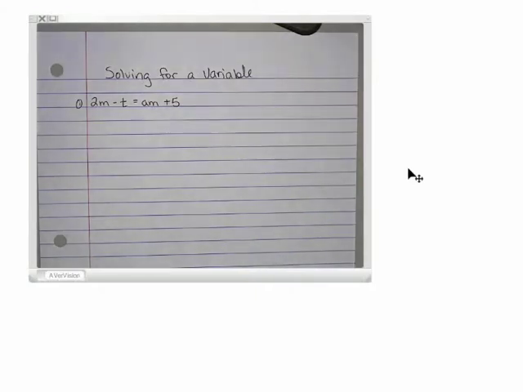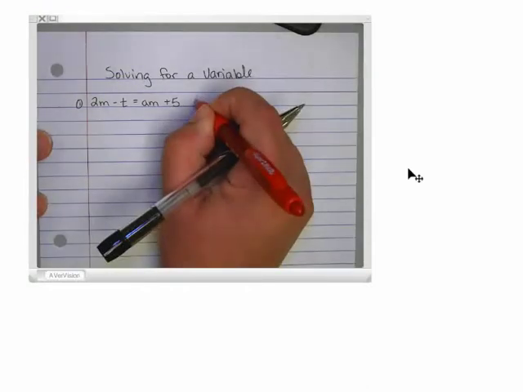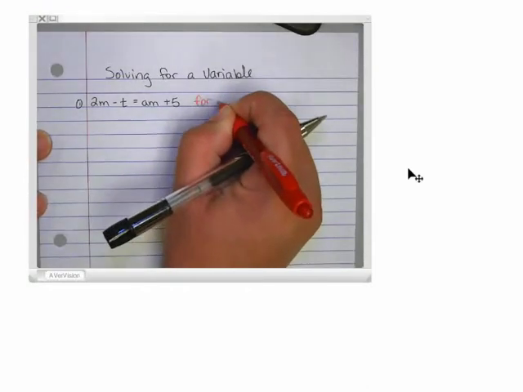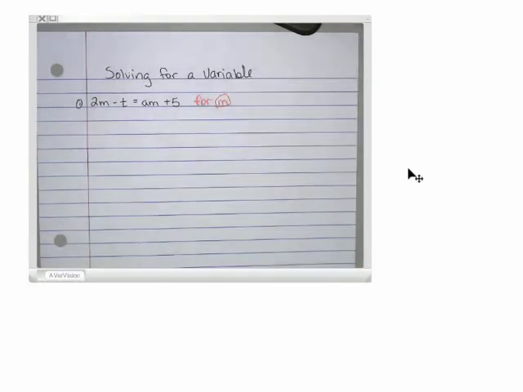Okay, and we want to solve the equation for m. That means at some point we want m equals stuff. So we need to isolate m.